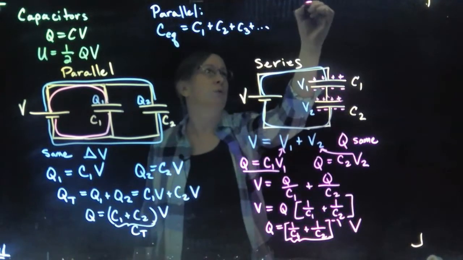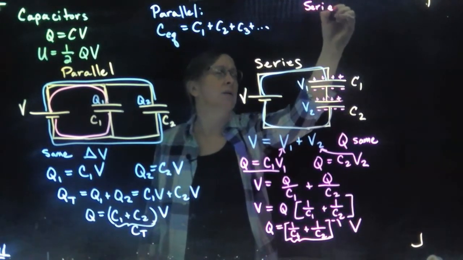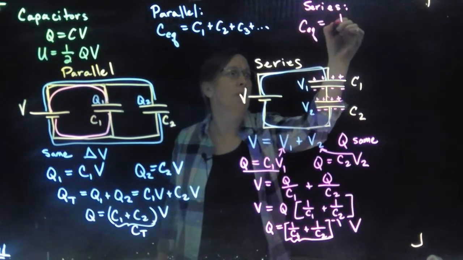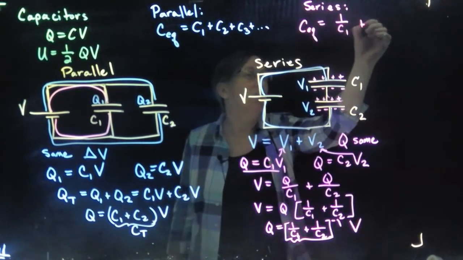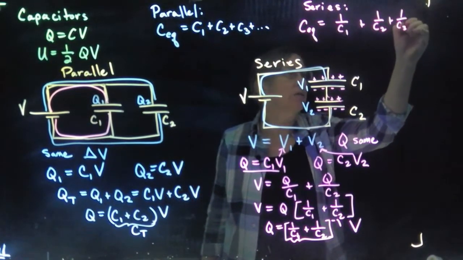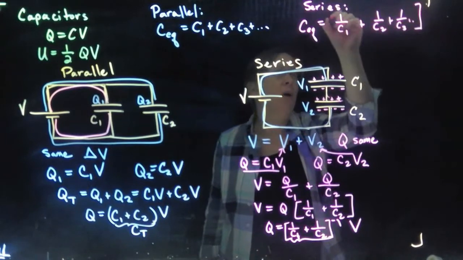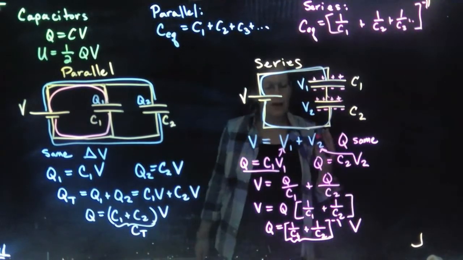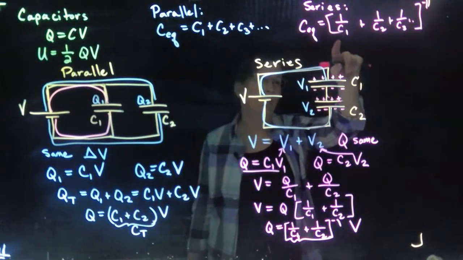Okay, so for series, my C equivalent is 1 over C1 plus 1 over C2 plus 1 over C3 and so on, all raised to the minus 1.